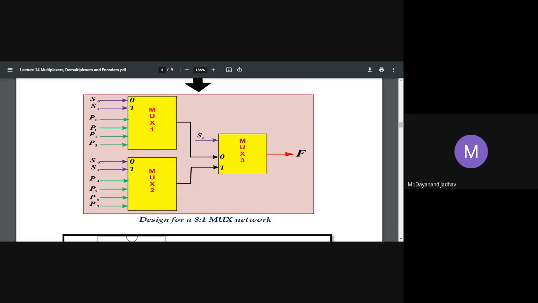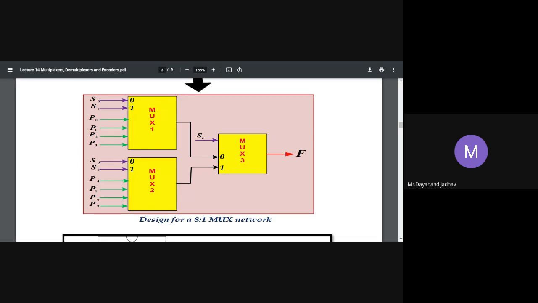So we require 3 select lines, so for the multiplexer the third select input is to be considered, and this terminal and this terminal are joined together. Here we can take 0 0 0, 1 1 0 1, no problem. So these are combined together and we can consider the output of the multiplexer.